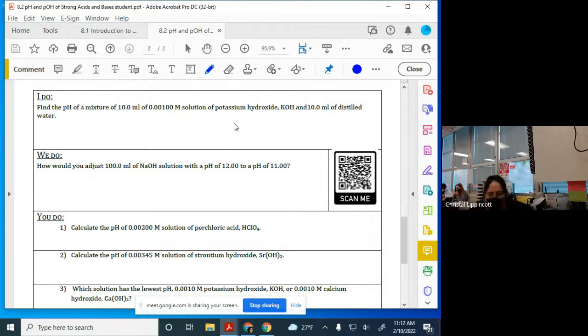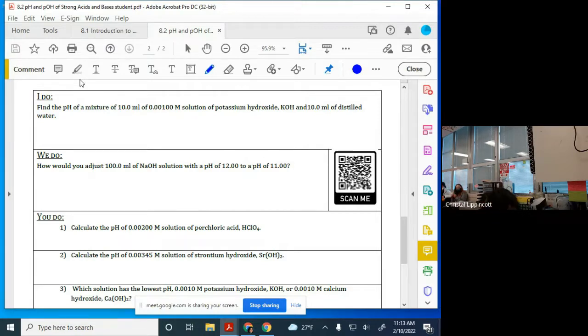All right, so we've got a mixture here. We've got 10 mils. Why are you not moving? There we go. 10 mils of 0.001 molar potassium hydroxide. This is a base. And we've got 10 mils of distilled water. So when we do this, we need to first figure out what the molarity of this potassium hydroxide is now that it's been dissolved in more water.